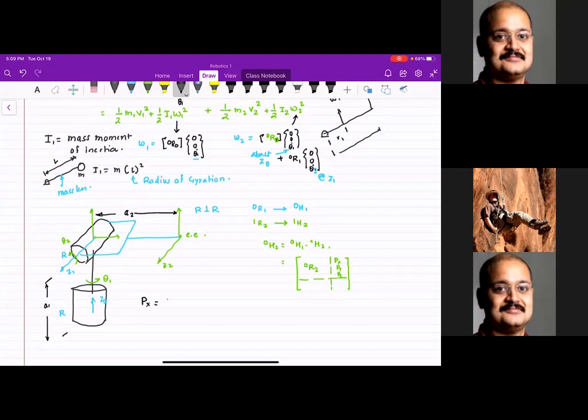Px is equal to A2 cosine theta 2 cosine theta 1, Py is equal to A2 cosine theta 2 sine theta 1, and Pz is equal to A1 plus A2 sine theta 2.